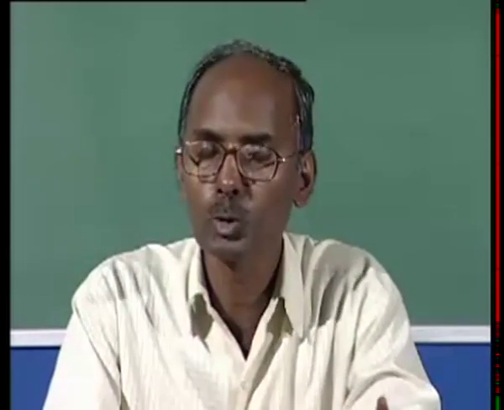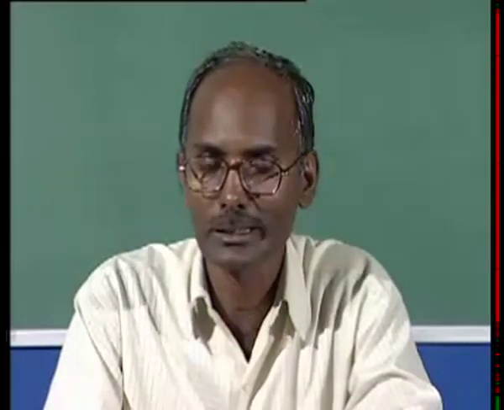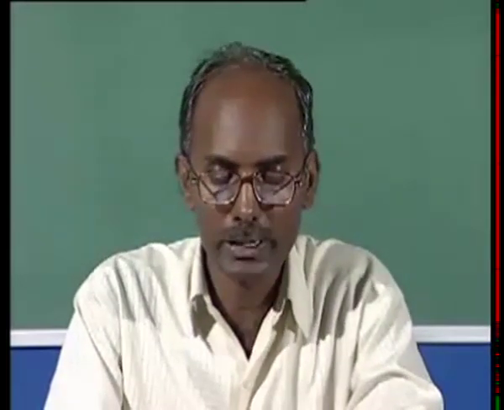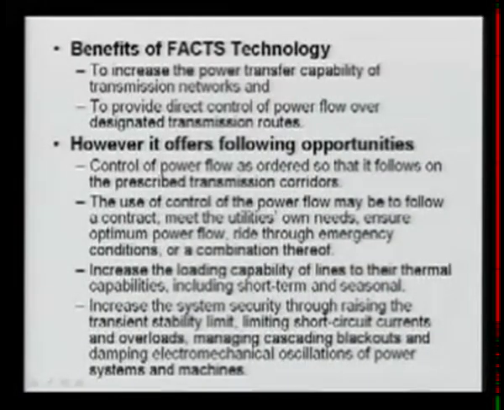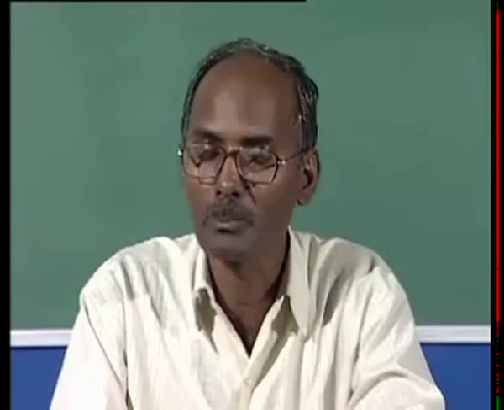There are basically two major advantages of FACTS devices, or you can say FACTS controllers: they increase the power transfer capability of the transmission network, and they provide direct control of power flow over designated transmission routes. It is not necessary that wherever you put the device, it will control the power flow or power system quantity of that line only.